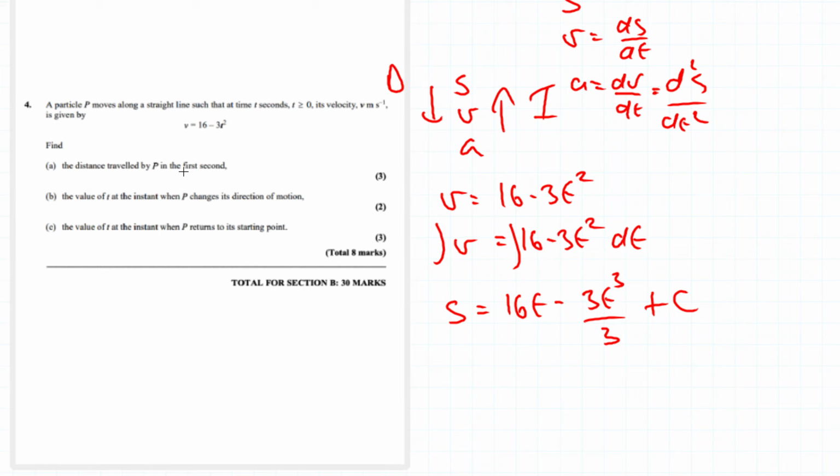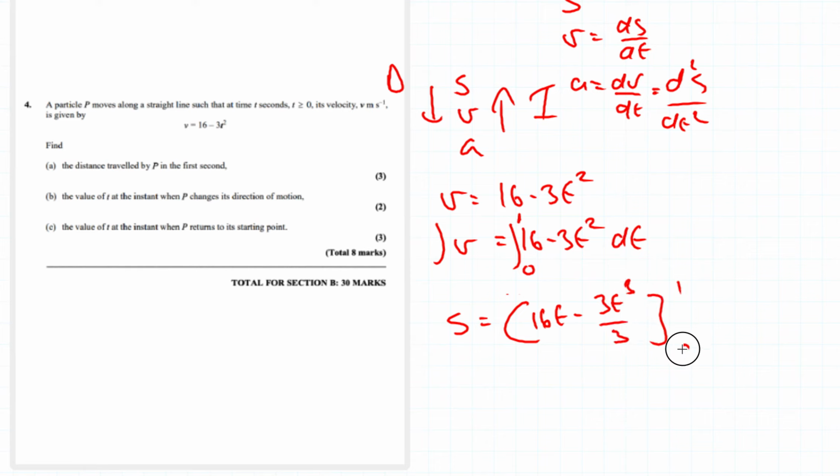But we want to find the distance travelled in the first second, so actually this is going to be slightly incorrect, because we know what the time will be: it's in the first second. So in this question we're going to put limits onto our answer, so we can rub this out and solve it as a definite integral, where S is equal to 16t minus 3t cubed over 3 between 1 and 0.